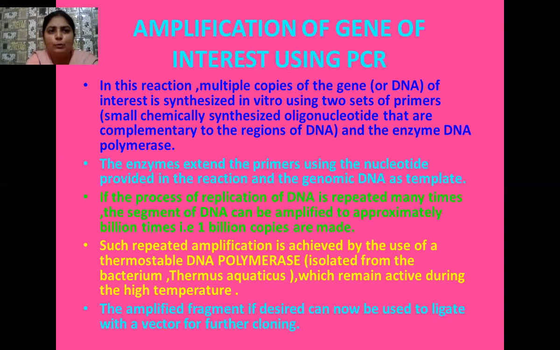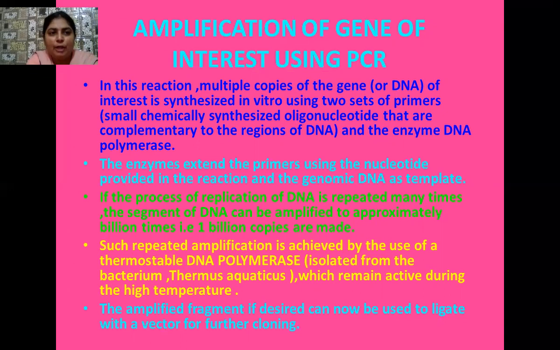We also have to add the enzyme DNA polymerase here, because we operate this PCR machine at very high temperature. Whenever we supply heat to the solution, denaturation of the DNA takes place. So here we are not using an ordinary DNA polymerase. Here we use a special type of DNA polymerase enzyme, known as Taq polymerase.